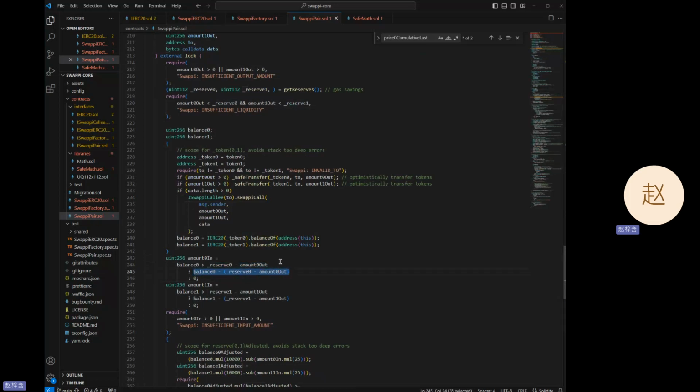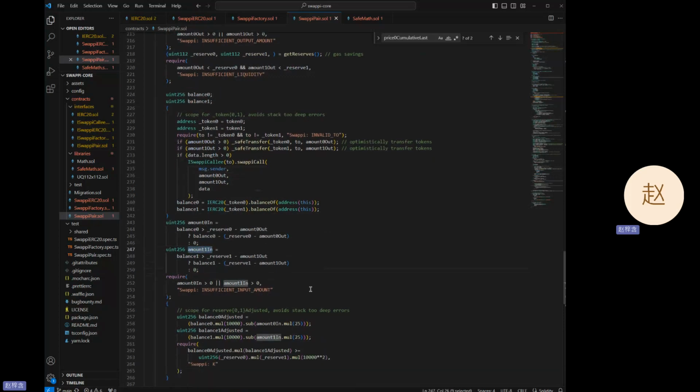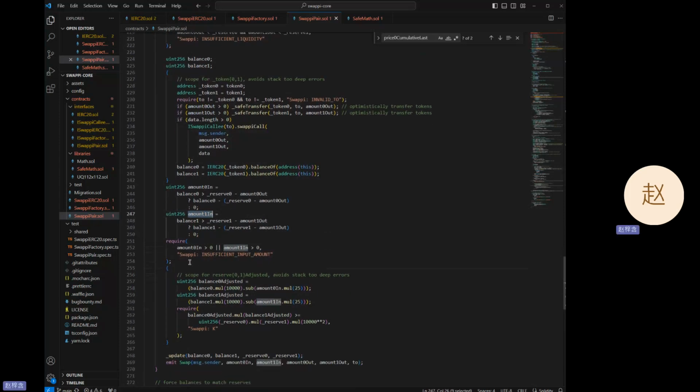If there is some remaining here, you must provide some token for amount 0. If it's less than that, that means you just borrowed. Or we can set it to 0, and amount 1 is the same as this. But you just make sure one of them must be greater than 0, which means you must swap something.